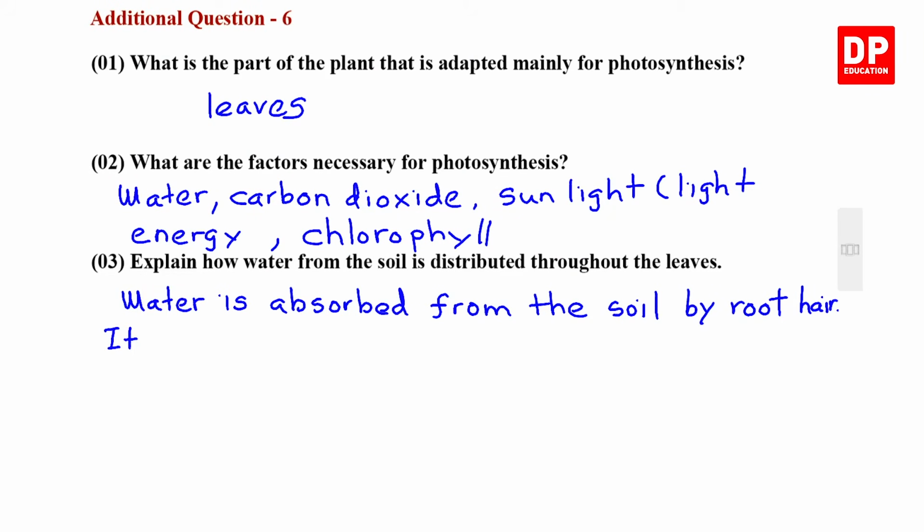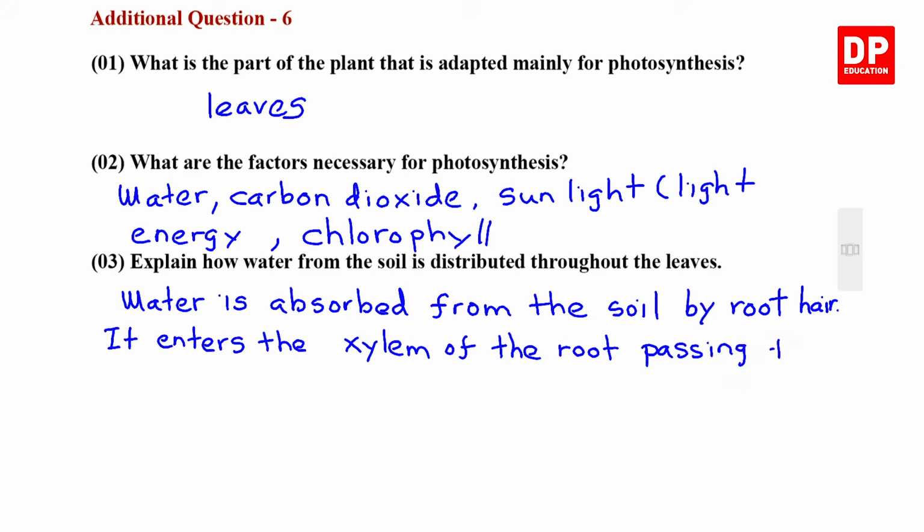It enters the xylem of the root, passing the cortex and the endodermis.